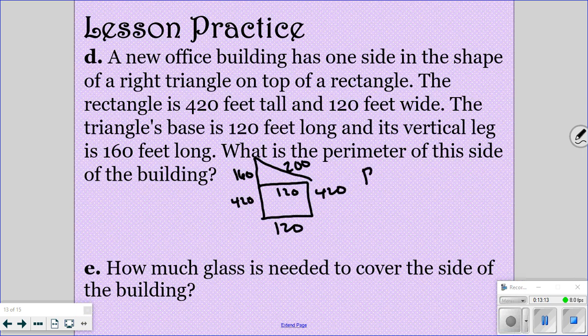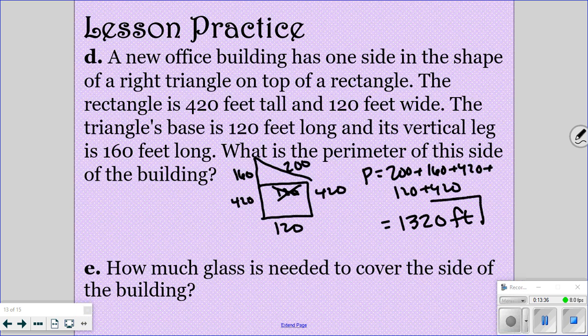So your perimeter is just going to be to add up 200 plus 160 plus 420 plus 120 plus 420. Again, this number doesn't get used because it's on the inside. And so if you add those all together, you should get a perimeter of 1,320 feet. Okay, and then it asks how much glass is needed to cover the side of the building.